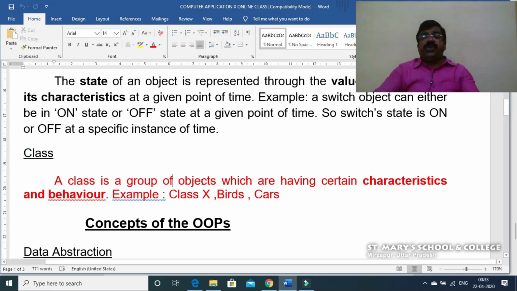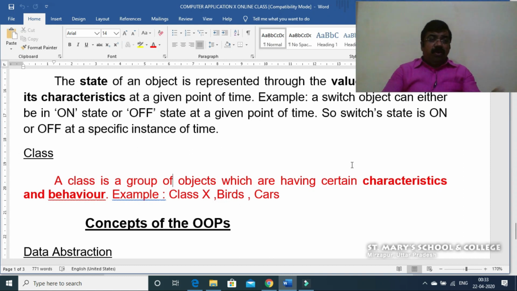A class is a group of objects which have certain characteristics and behavior. See, you are a class 10th student. When we are in the school, there may be 55 or 60. When those 60 students are sitting together in a group, we say it is a class.